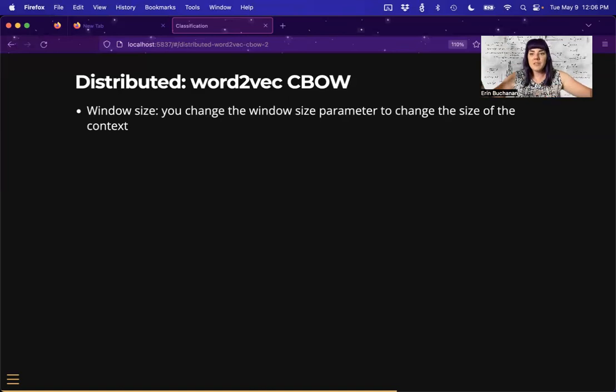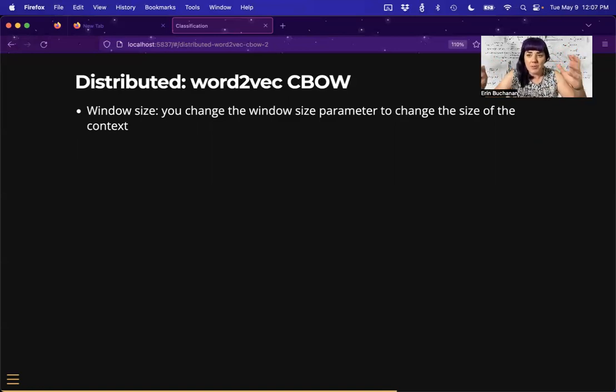So the window size is the amount of words you get on either side. I've seen 5 as a really good option. Some people pick larger. It kind of depends on the size of the text. This is a parameter that you can tune and look for the best one. We'll talk about hypertuning in the next couple of lectures. 5 is a good one because it's a fairly large context.